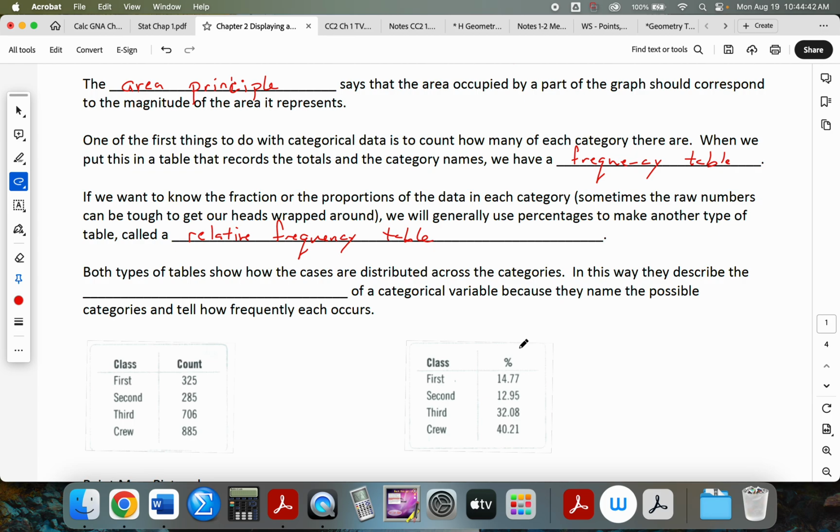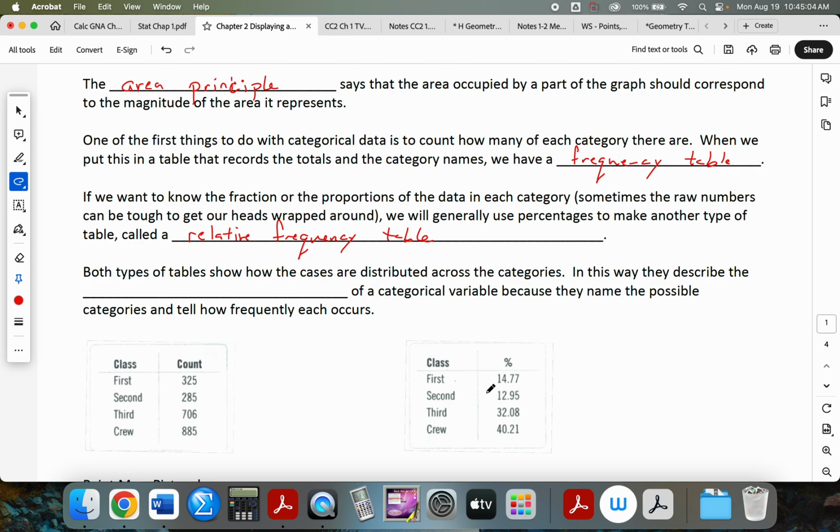And that's in this second table here, where we can look at the percentages. I would argue for something like this, if you're just trying to get the point across about how many there were of each, I wouldn't have done any decimal places. I would have rounded it to the nearest percent, because then it's faster and easier to look at.